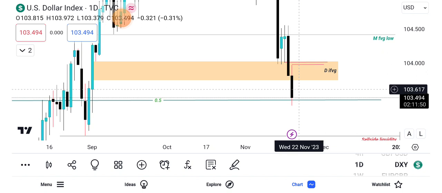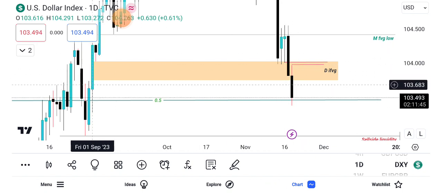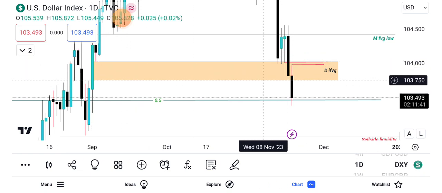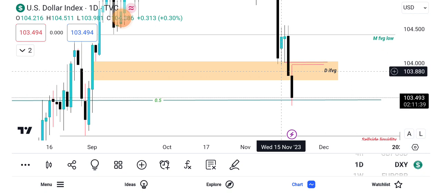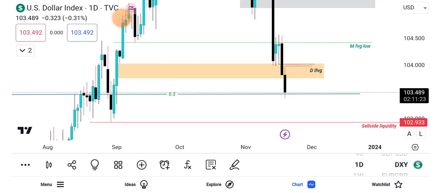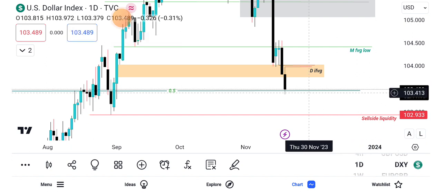This imbalance that lacked sell side delivery has been balanced by this sell side delivery, meaning it is now balanced, but it will be used as a resistance, preventing higher prices onto our sell side liquidity.